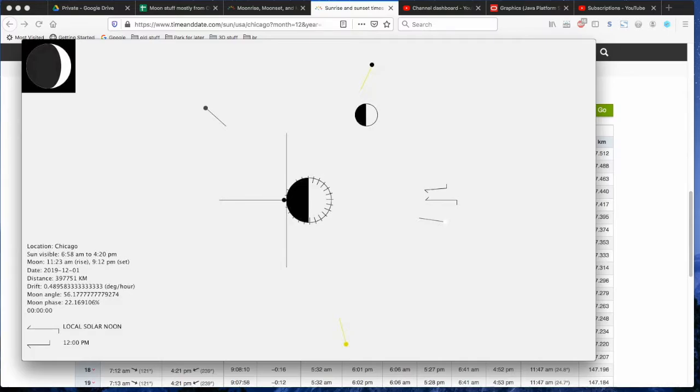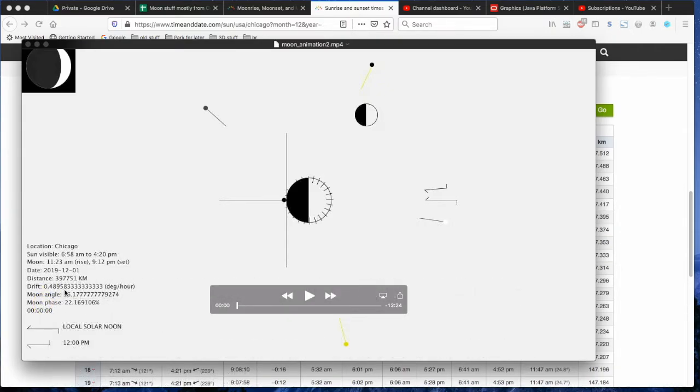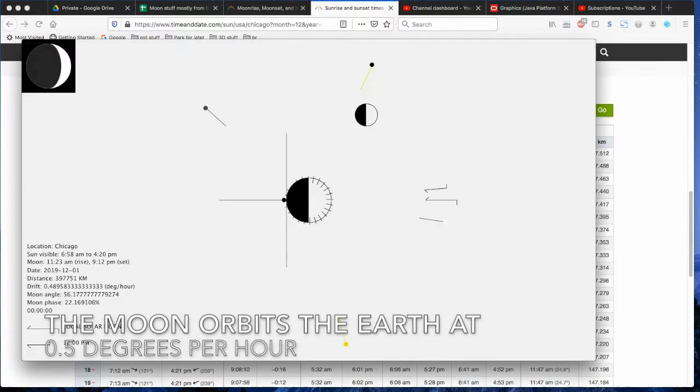The Earth rotates west to east at 15 degrees per hour. The moon rotates from west to east at around 14.5 degrees. So the moon is actually lagging the Earth by about a half a degree per hour.